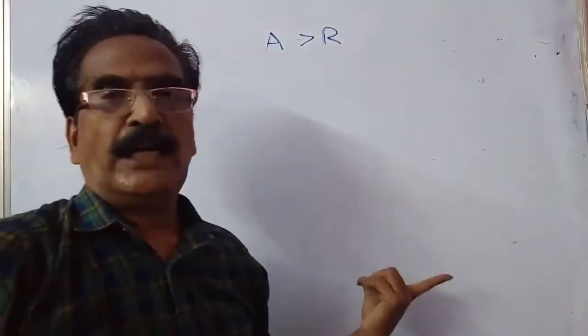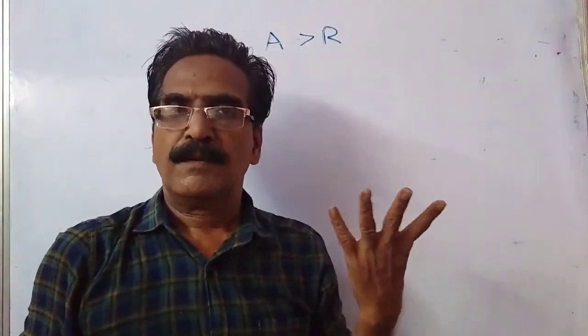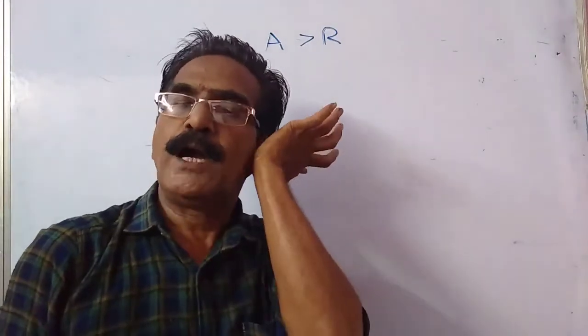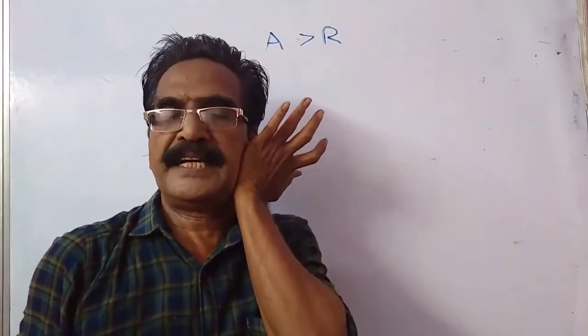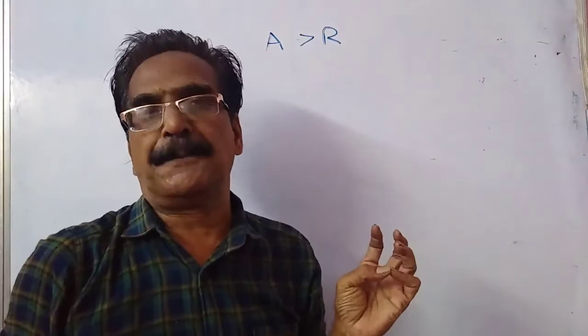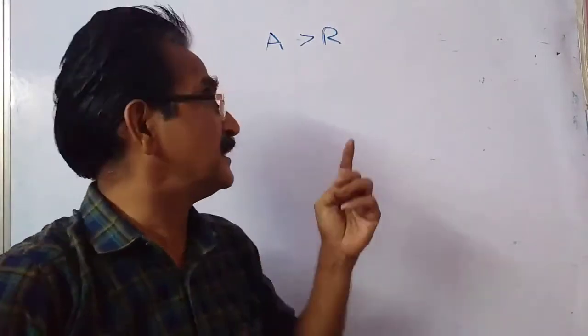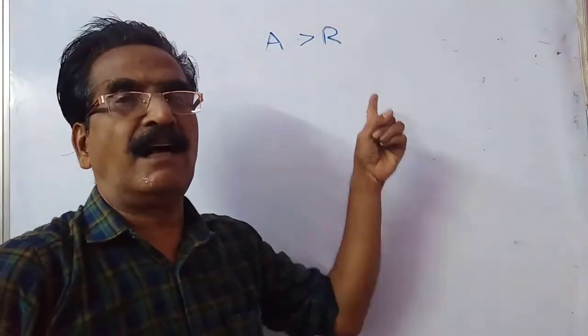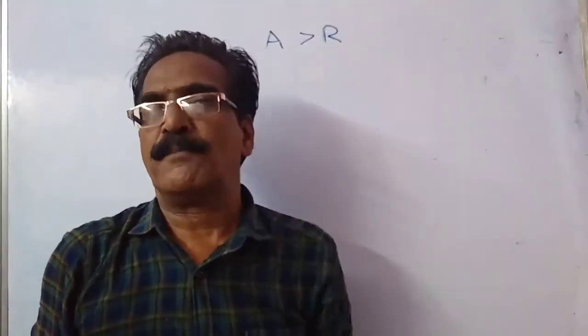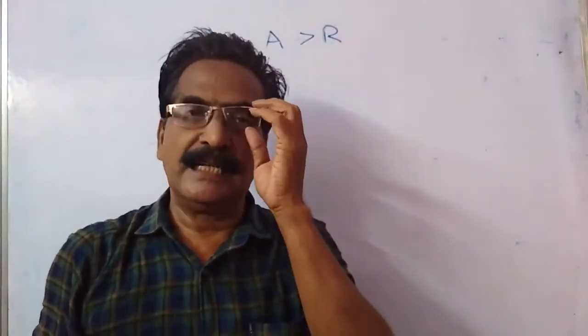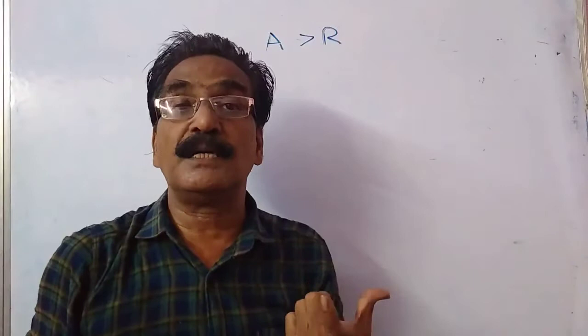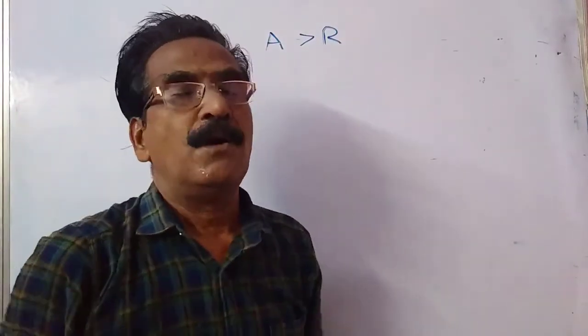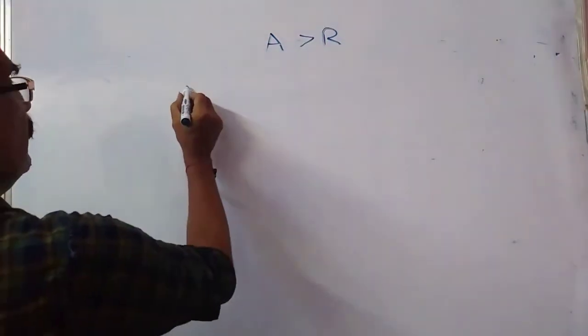So five options are given. You have to verify in which of the options A greater than R does not follow. So here we want the one that is not true. Okay.